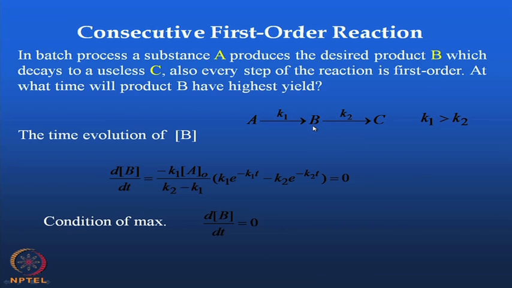At that time you try to isolate your reaction mixture, and then try to work up, that is, try to recover your B product. So, these are very important. You see, this consecutive reaction has an immense importance in industrial preparations.